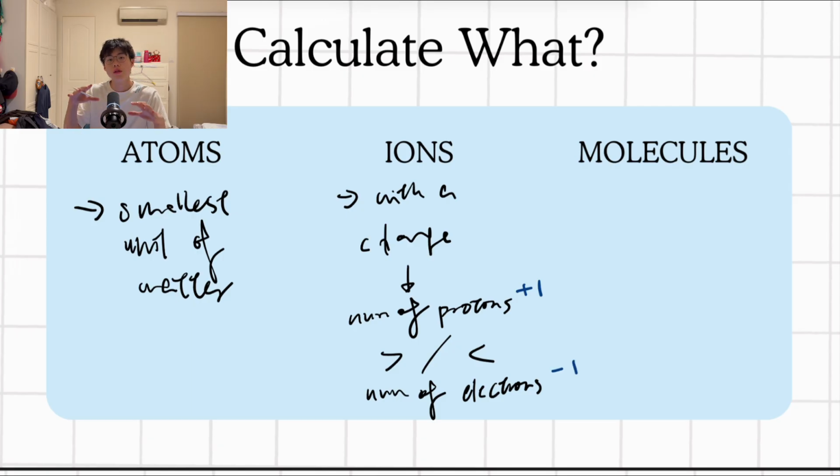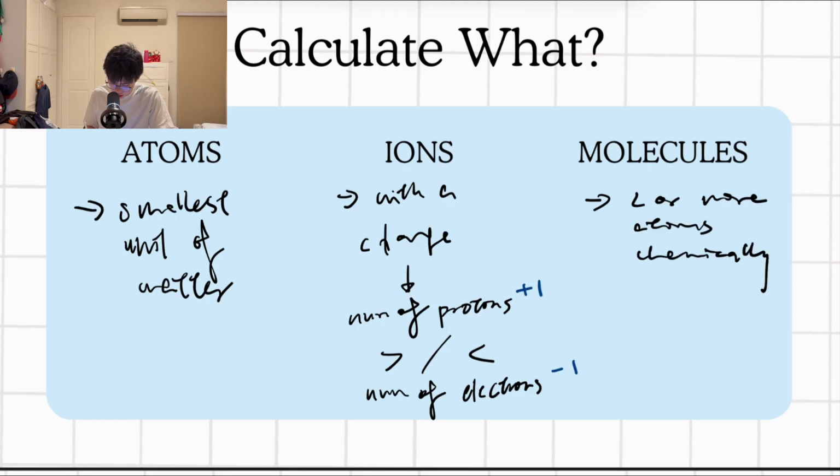And so by comparing the number of protons and electrons, we're able to determine the overall charge, which wouldn't be neutral for ions. And molecules are two or more atoms chemically, keyword chemically, bonded with each other.